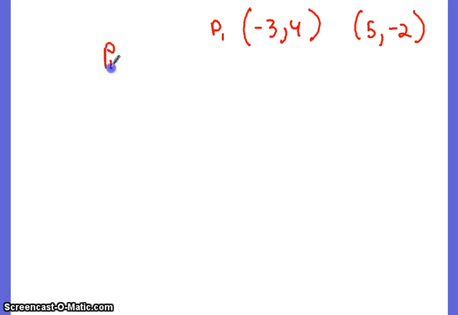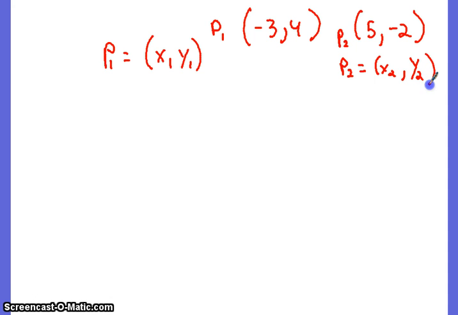For the first point, there's an X and there's a Y, and we're labeling them as 1 with a subscript just so that we can keep them organized. And if we call the second set I gave you P2, then I can write P2 equals X2 and Y2. All right? Just labeling, that's all I'm doing.